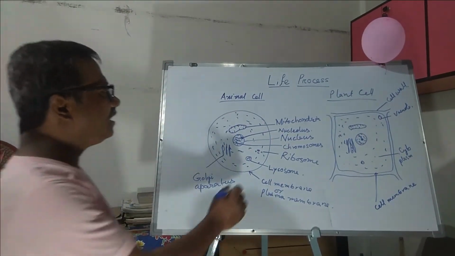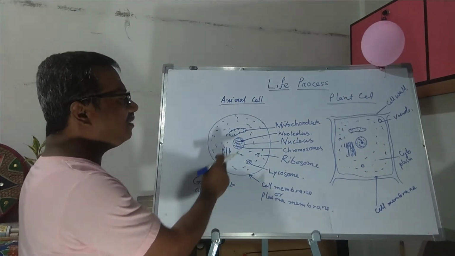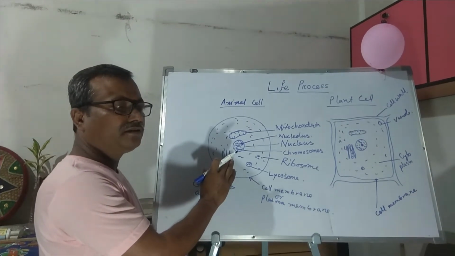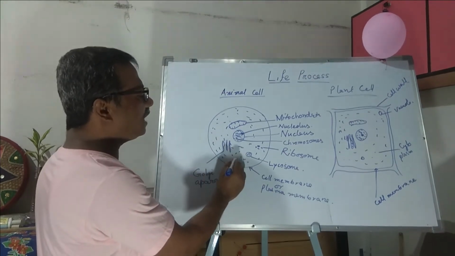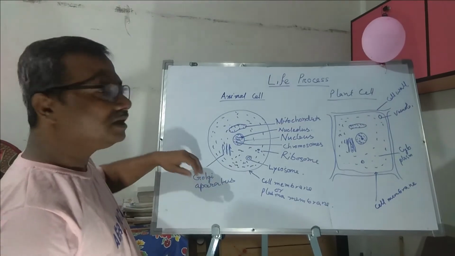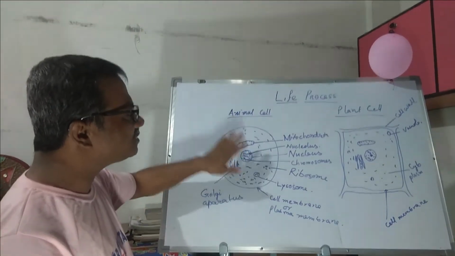And the cell contains a cell membrane. Inside the membrane, a dense gel-like substance is present, which is also called matrix. This is called cytoplasm. In the cytoplasm, some tiny organs or organelles are suspended.